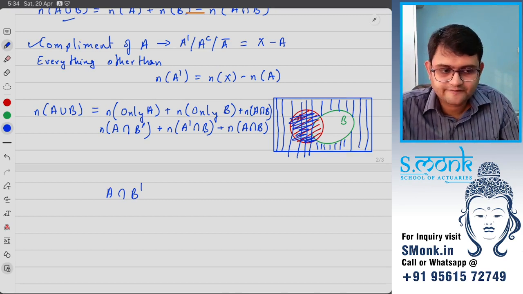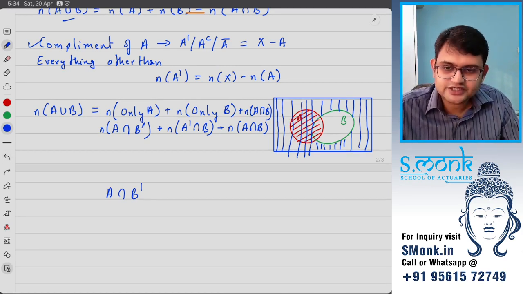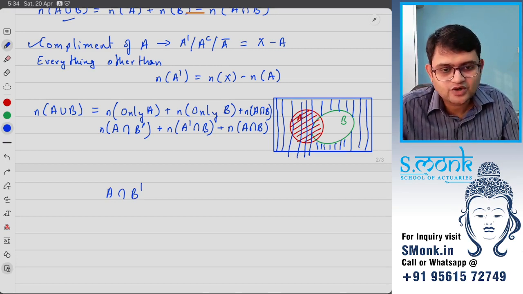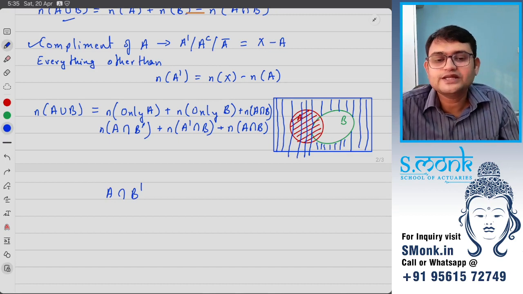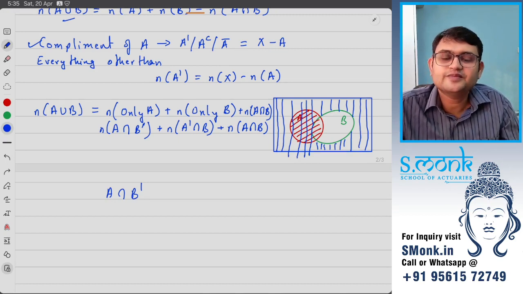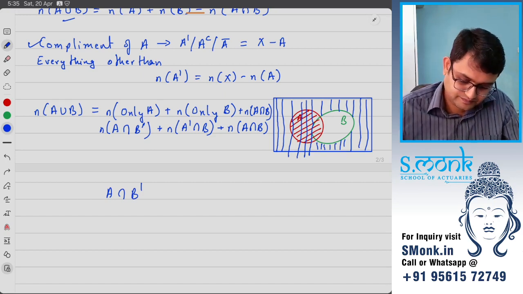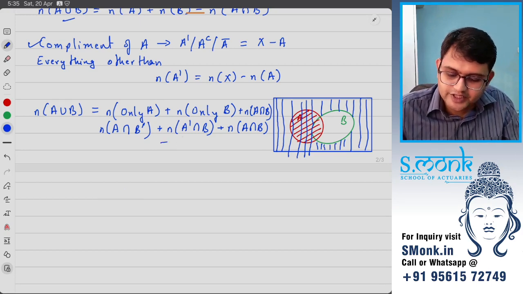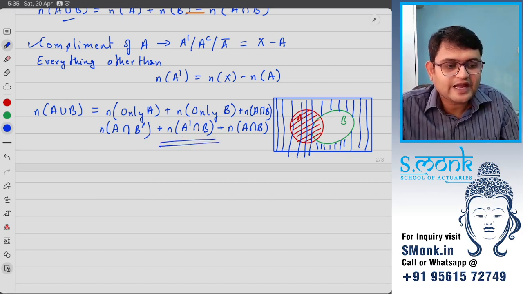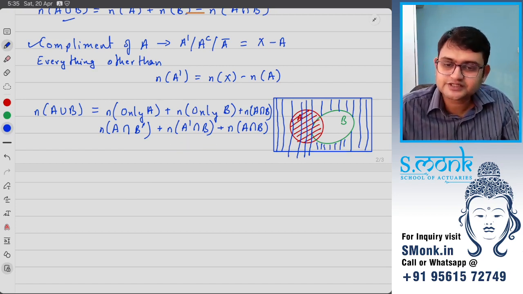So when I say A intersection B complement, I am talking about the region only A, which contains elements that are only in A and not in B. Similarly, the only B region will be A complement intersection B. And the third is the intersection, that's the middle part.